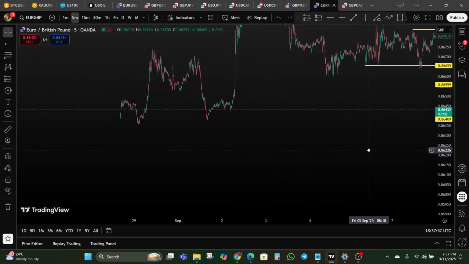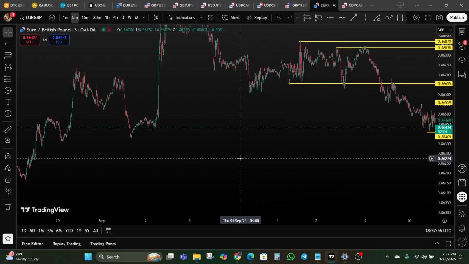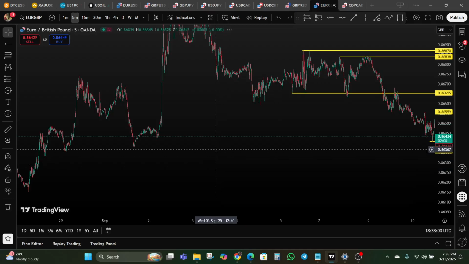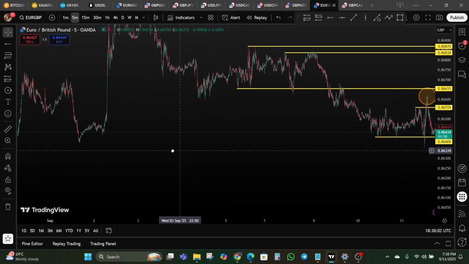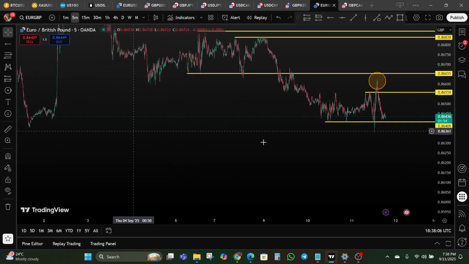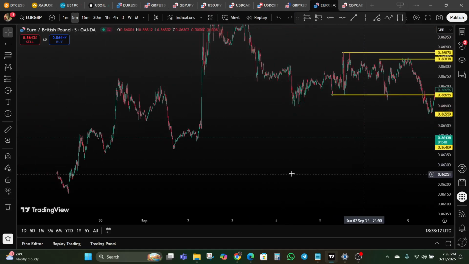Now I'm trying to see if we had an unmitigated order block around here. This particular level where we had this false breakout, this liquidity sweep.